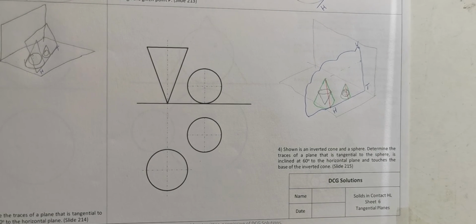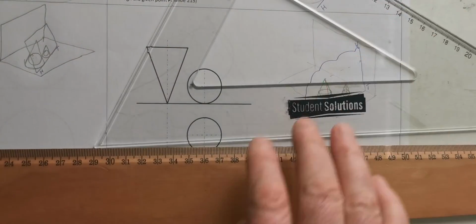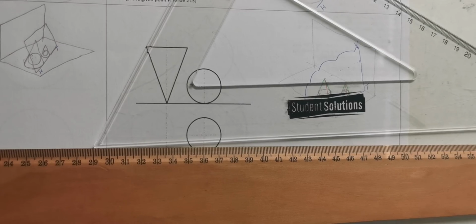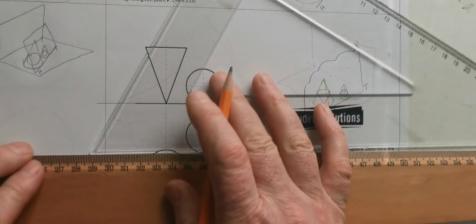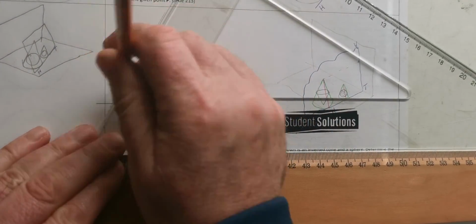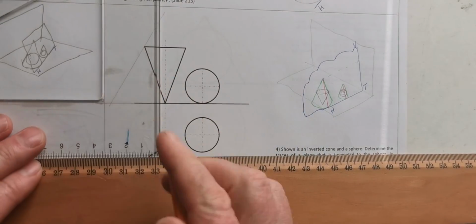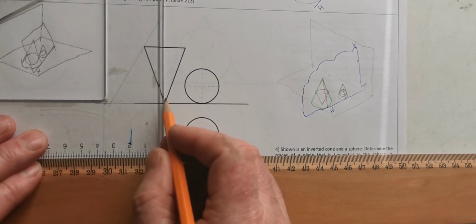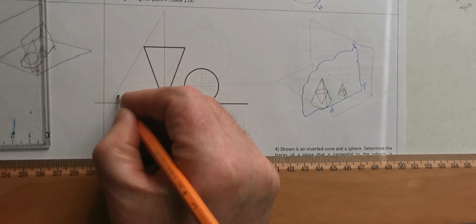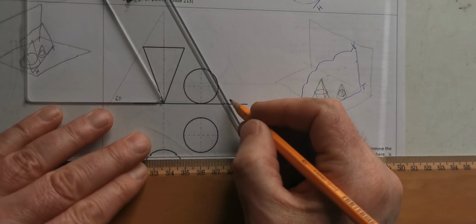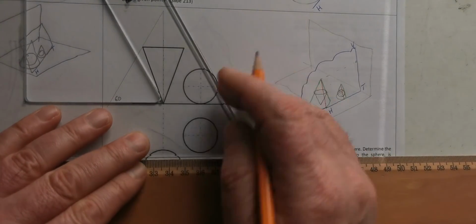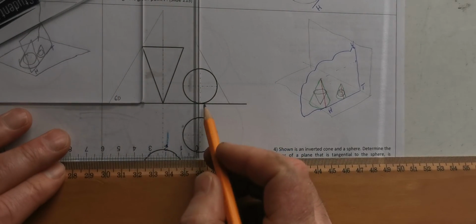So I'm going to use the 60 degree set square. So here's my 60 degree cone in elevation. Here's my 60 degree cone enveloping the sphere in elevation.